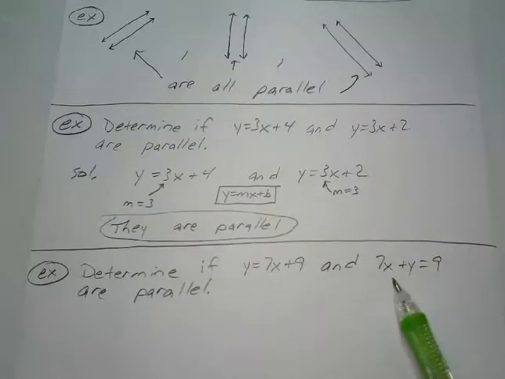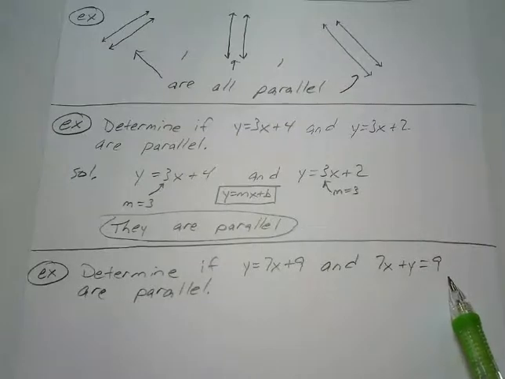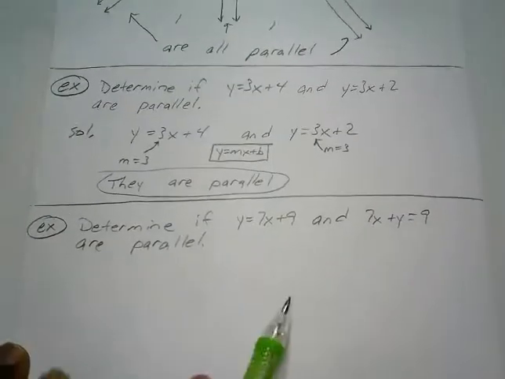You have to put them all in y equals mx plus b form. That's a very, very important first step. And it's the same thing for perpendicular when we go over that. You have to put it into y equals mx plus b form before you can tell whether or not they're parallel. Okay, so let's move that up a little bit.